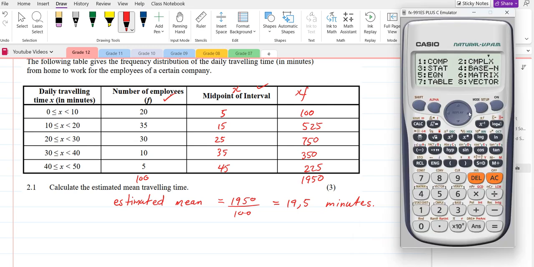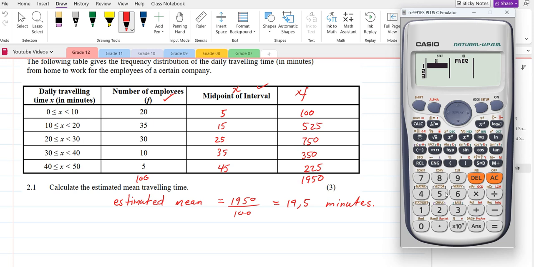So let's enter that. Mode 3, which is stats, one variable. You can see when you have x, so press shift mode, scroll down, go to stats and put your frequency on. Now you can see x and frequency.